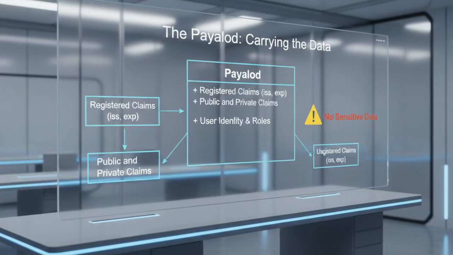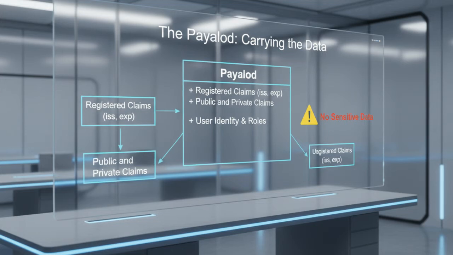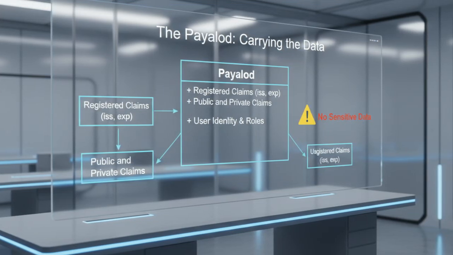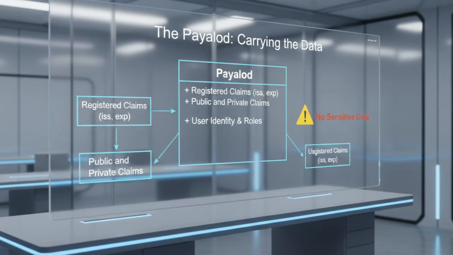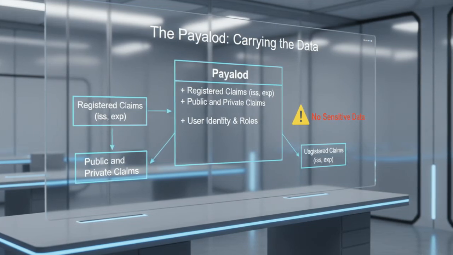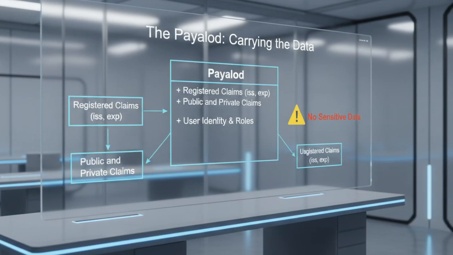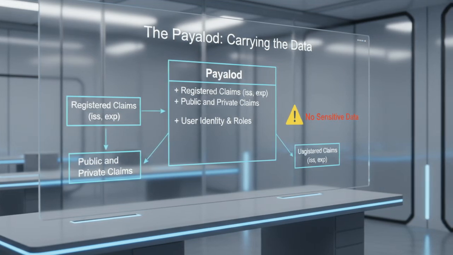The payload is the heart of the JWT. This is where the claims live. Claims are pieces of information about the user and additional data. There are three types of claims: registered, public, and private. Registered claims are predefined, like iss for issuer or exp for expiration time.